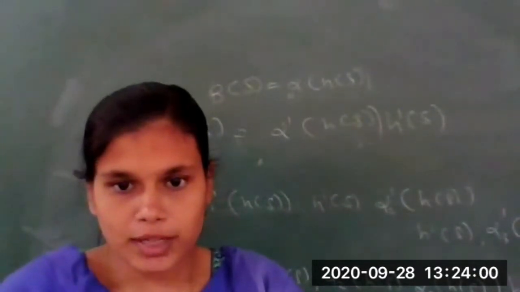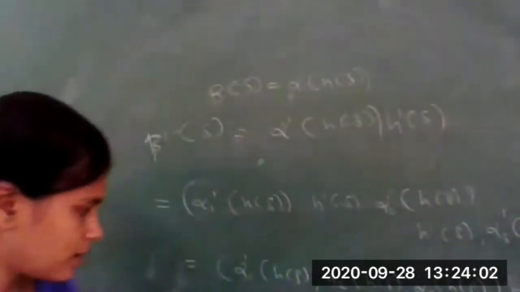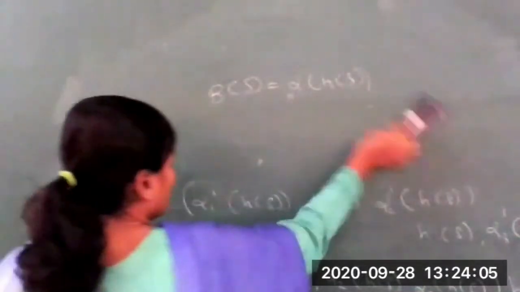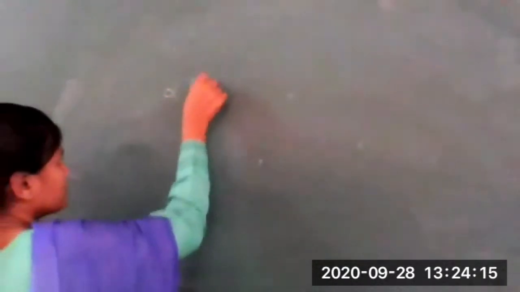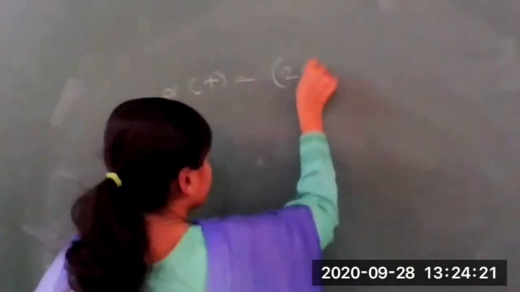Okay, so let us have an example on reparameterization. Suppose we have a curve alpha of t provided to us as 2 cos square t, sin 2t, 2 sin t.